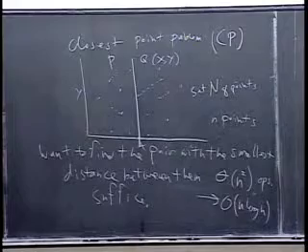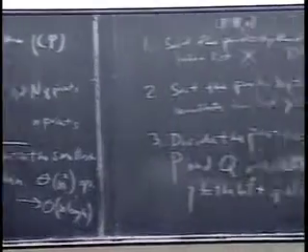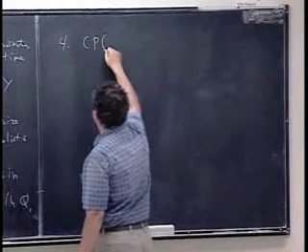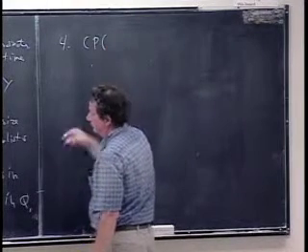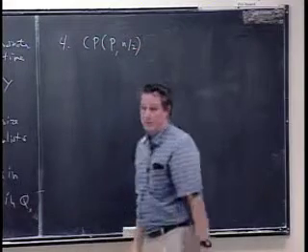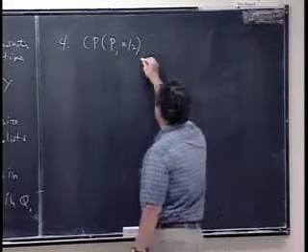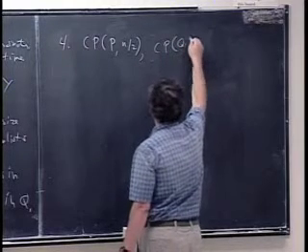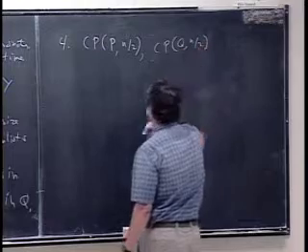And so once we've divided them, divide and conquer means we're going to solve the closest point problem in P, which has n over 2 points. And we're going to solve the closest point problem in Q, which has n over 2 points.